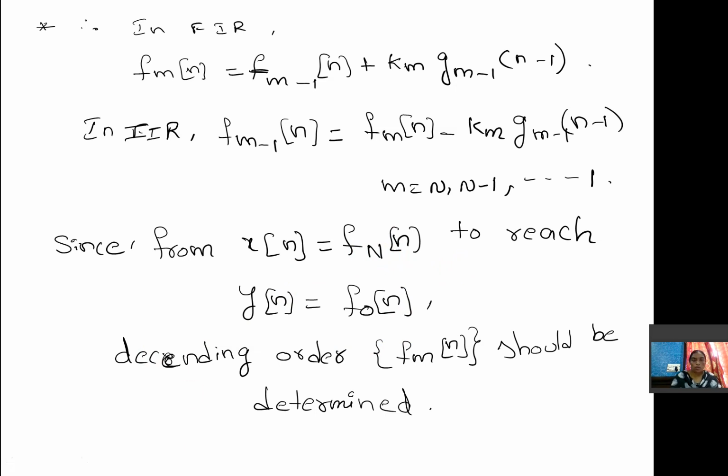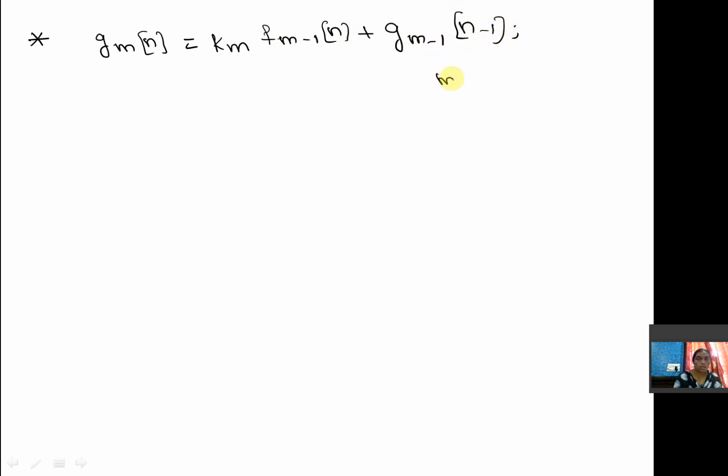Okay. So now the conclusion is here, I am writing the equations from the FIR. Fm of n equals Km times Fm minus 1 of n plus Gm minus 1 of n minus 1. Here also m is equal to n, n minus 1, to 1. Now what is the Fm minus 1 of n?